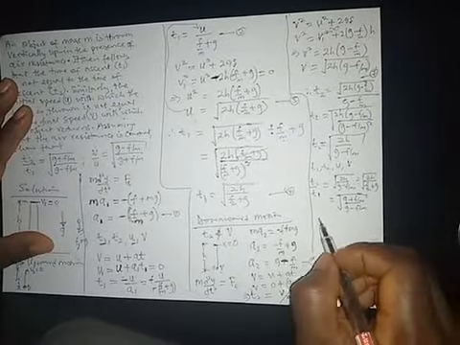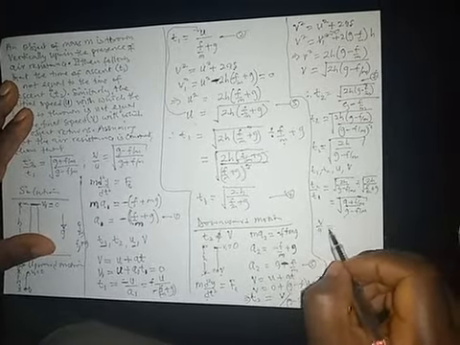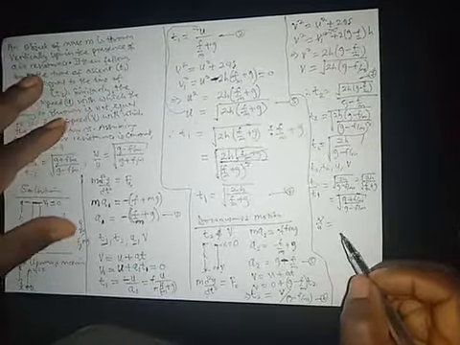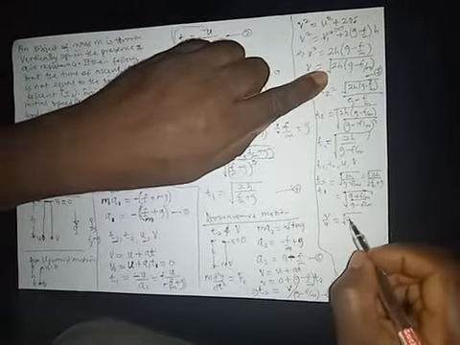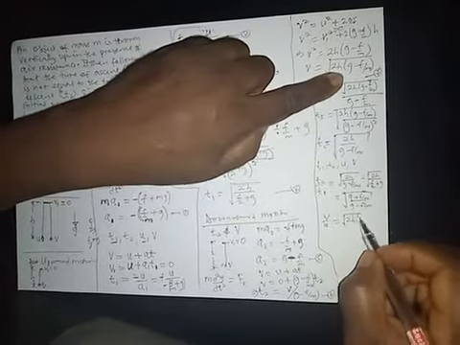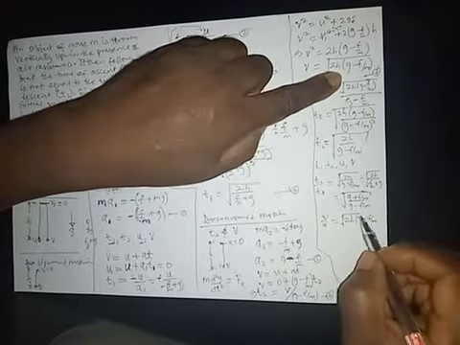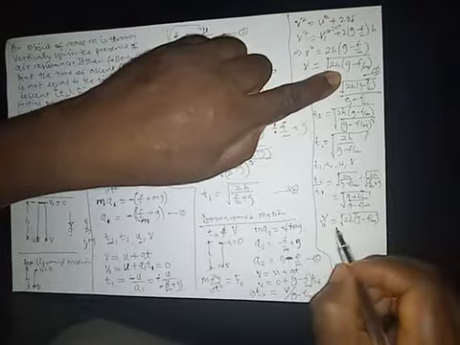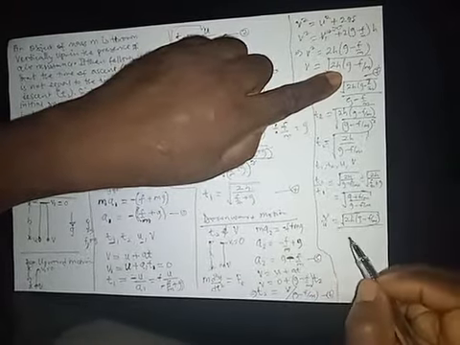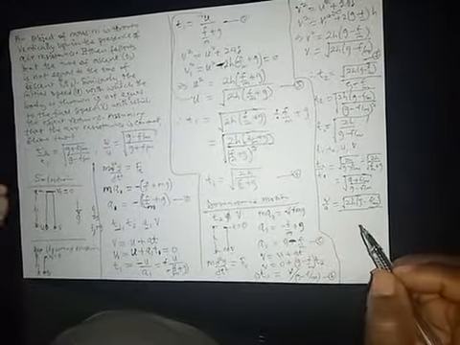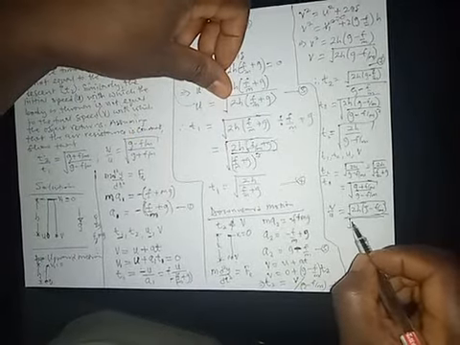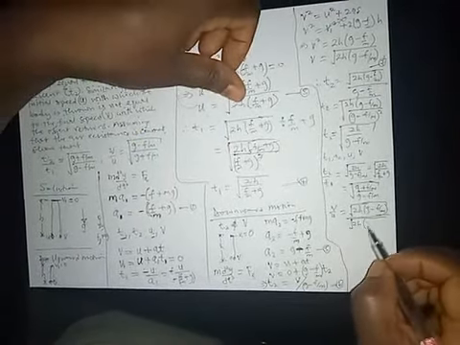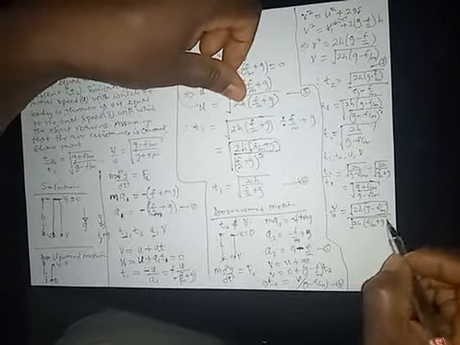Again, v over u: v is the square root of 2h into g minus f over m, divided now by u. What is u? U is the square root of 2h into f over m plus g.